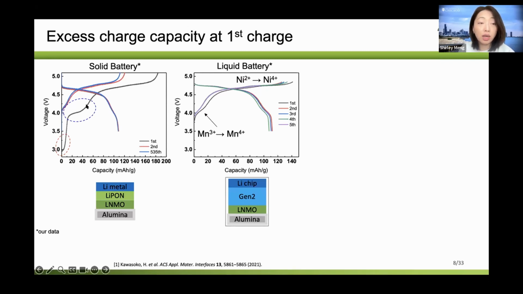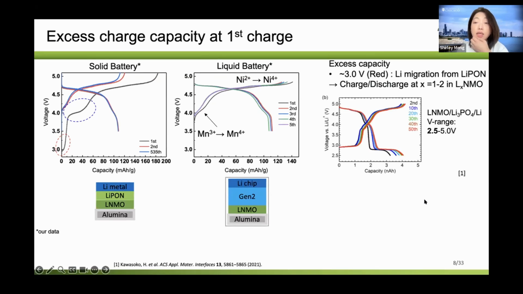So we also seem to have a little more manganese 3+ in the beginning of the charging process. This enabled us to look at other reports showing that the 3-volt potential is related to over-lithiation in the LNMO.